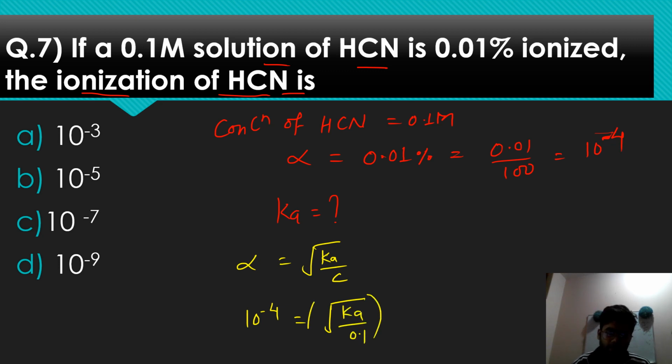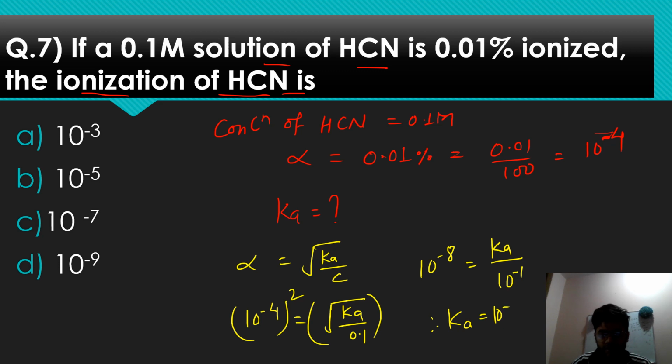So squaring on both sides, we get 10 to the power minus 8 equals Ka divided by 10 to the power minus 1. Therefore, Ka equals 10 to the power minus 9. Therefore, the ionization constant for HCN is 10 to the power minus 9. This is the right answer.